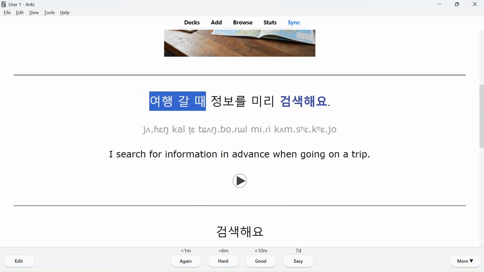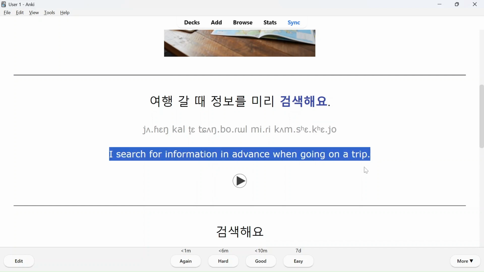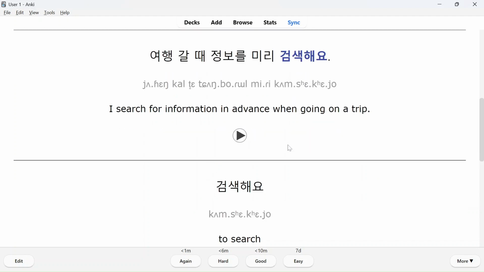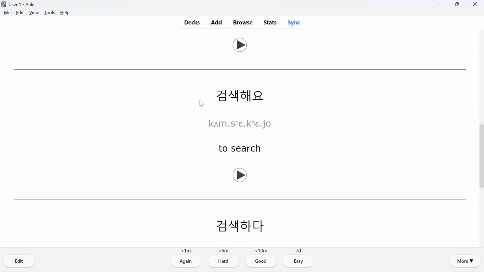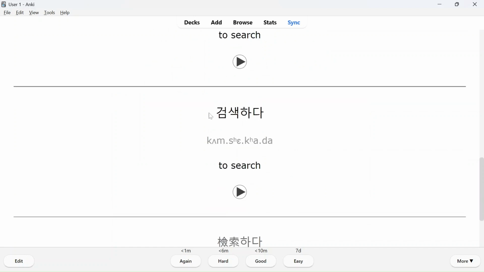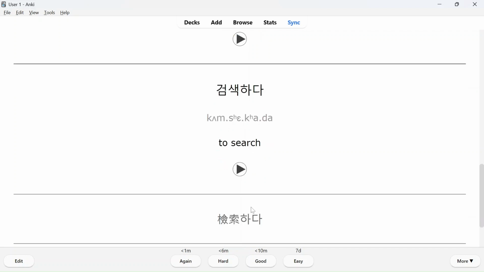So you can tell we have the sentence area, correct word in indigo, IPA notation which helps with pronunciation, English translation, audio. 여행 갈 때 정보를 미리 검색해요. We have the polite form, IPA notation, English translation, audio. 검색해요. We have the dictionary form, IPA notation, English translation, audio. 검색하다. And hanja.